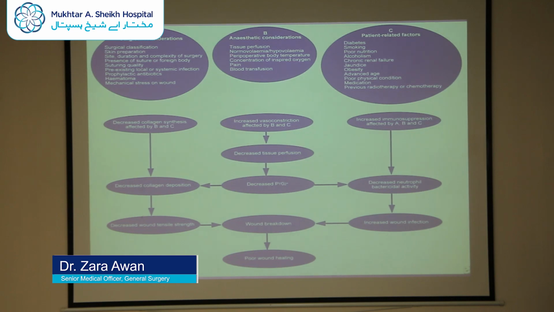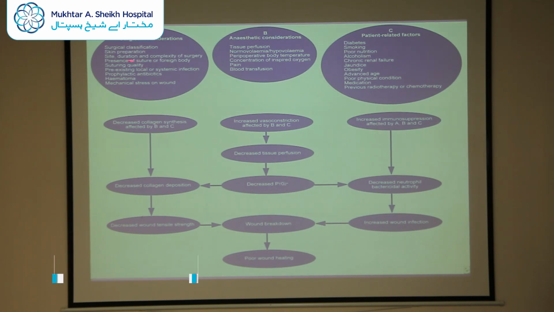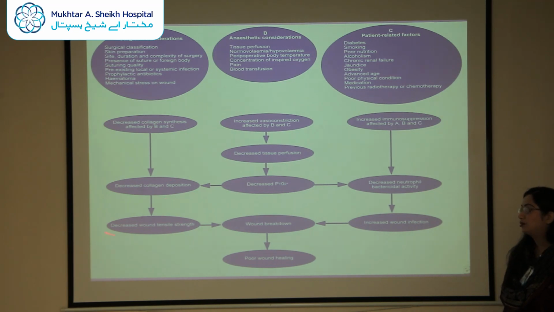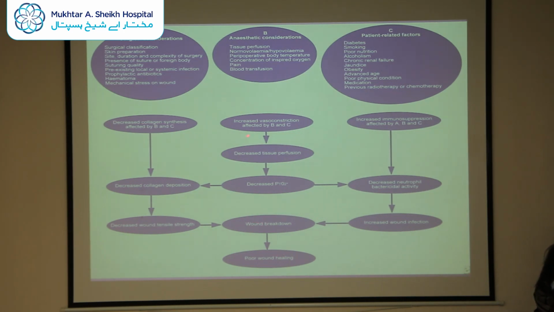hypothermia during the case. Surgical factors include surgical classification of the wound, skin preparation, presence of suture or foreign body, suturing quality, hematoma, etc. So the anesthetic factors and the patient-related factors could lead to decreased collagen synthesis, which eventually is a setup for decreased wound tensile strength, which may lead to wound breakdown and eventually poor wound healing.